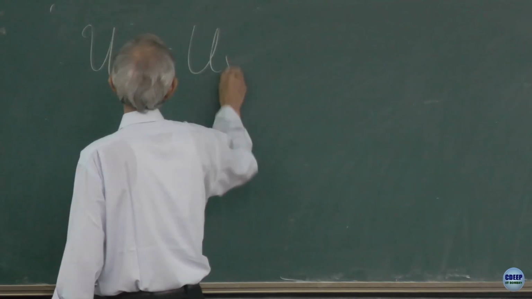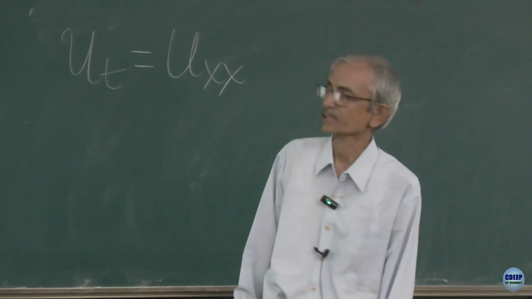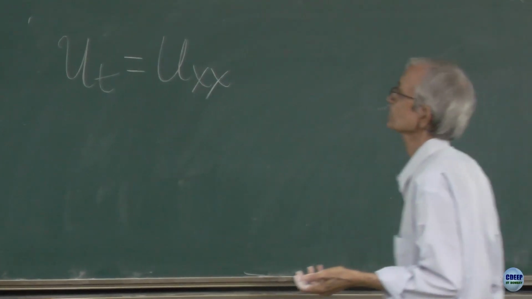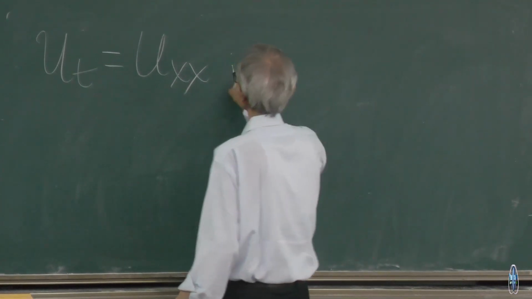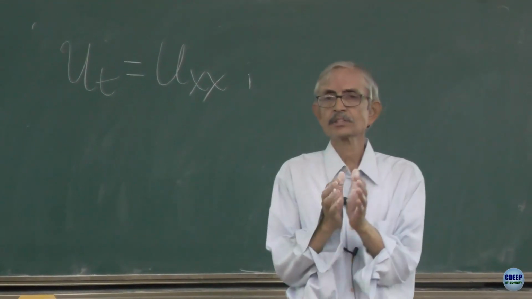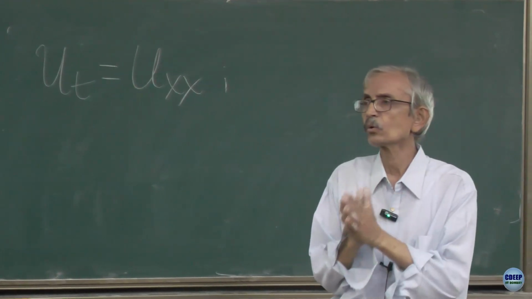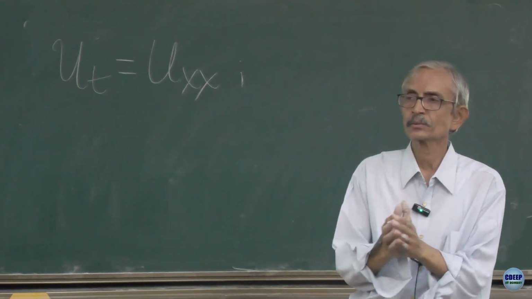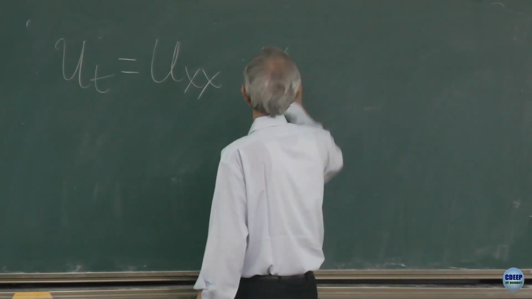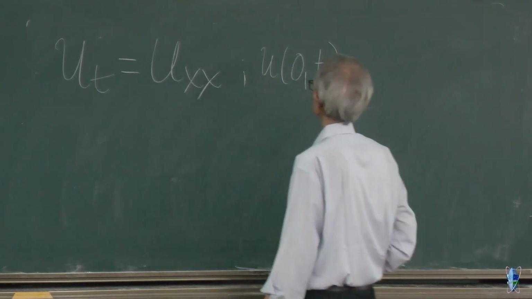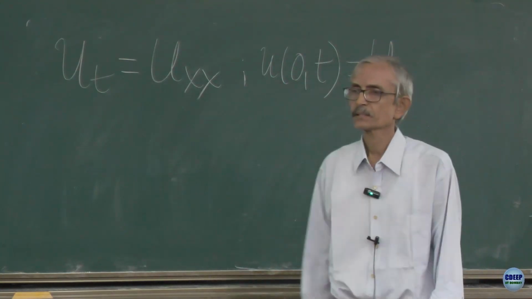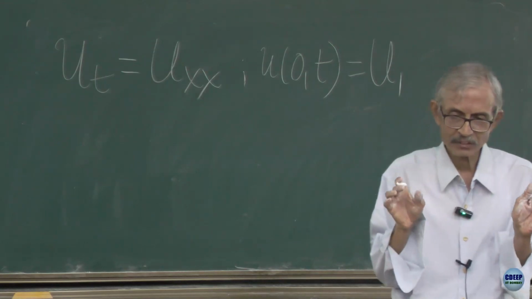So ut is uxx. This was the partial differential equation that we have been talking about. And so far, we have always said that the boundary conditions were homogeneous. Now we are going to relax that. So u at x equal to 0 and all time t is now u1. This is the first relaxation that we are giving.